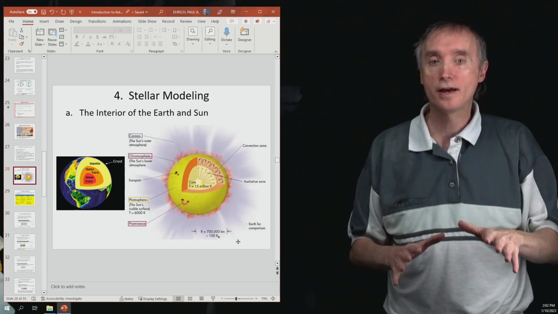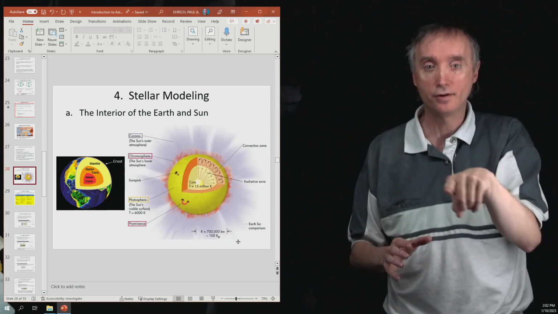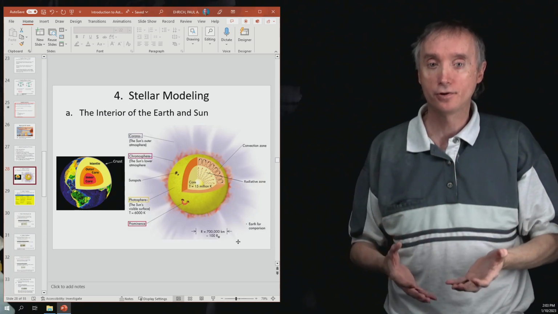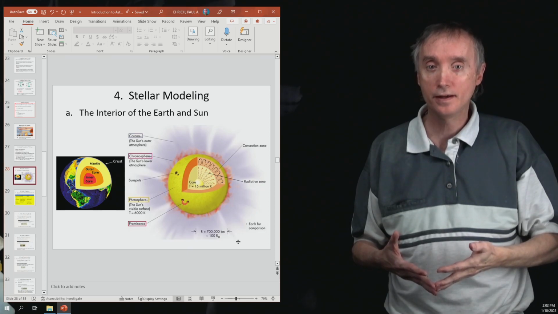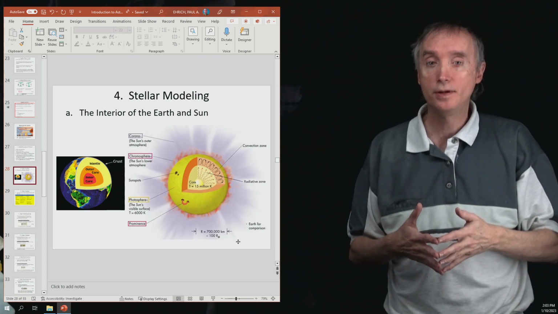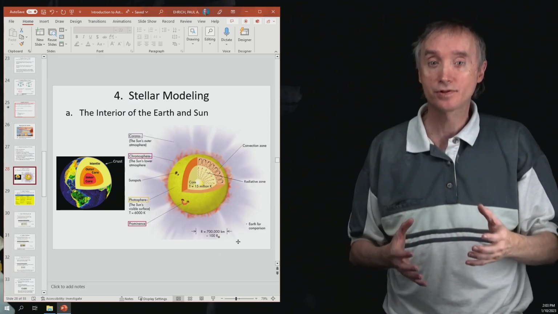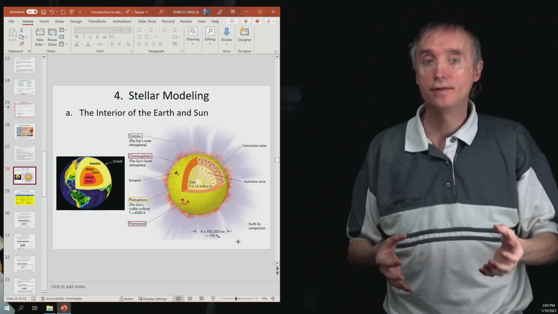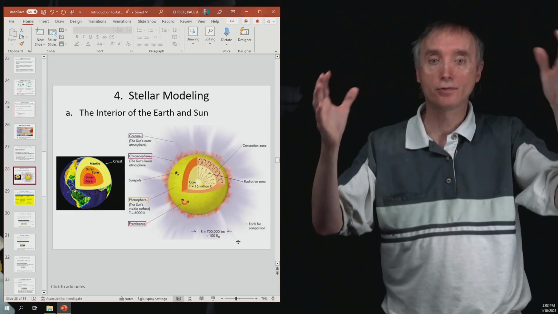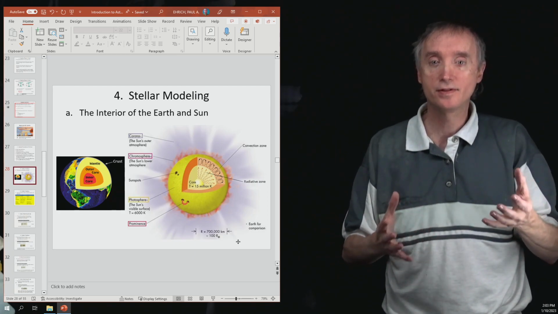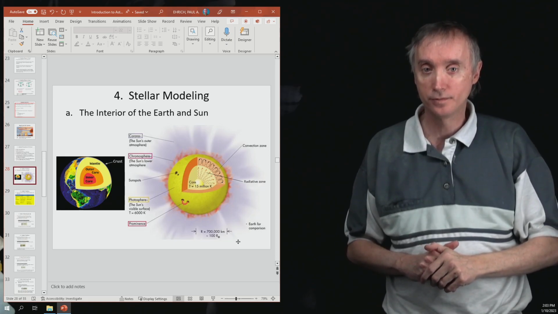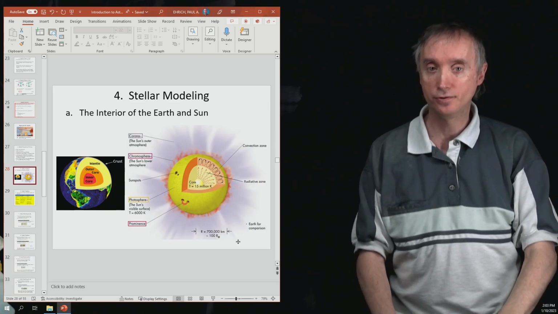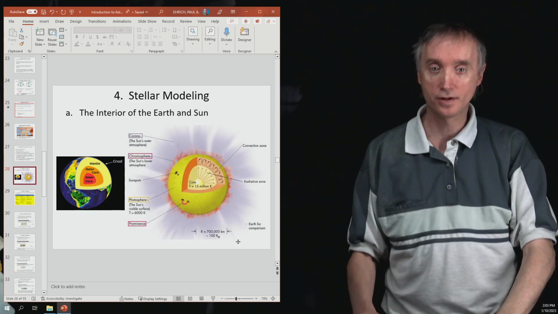And then on top of that is a very thin layer, kind of like the crust of the Earth, and it's going to be called the photosphere. And then further out is going to be called the atmosphere of the sun, and that's going to be the chromosphere. And then finally, you have the corona, which then transitions into the solar wind. So you've got all of these different layers that correspond to the sun, just like the Earth does.